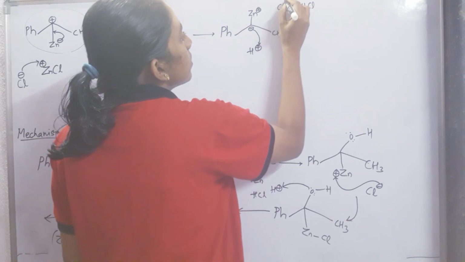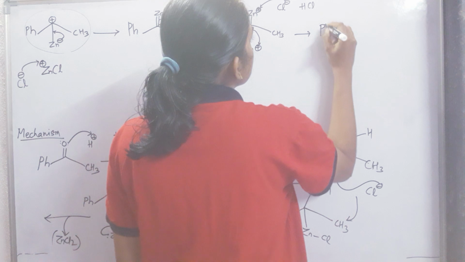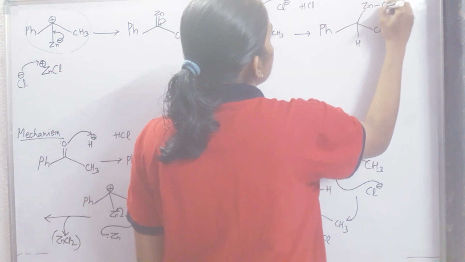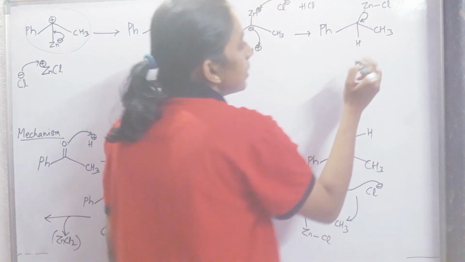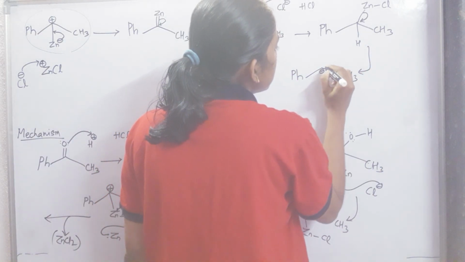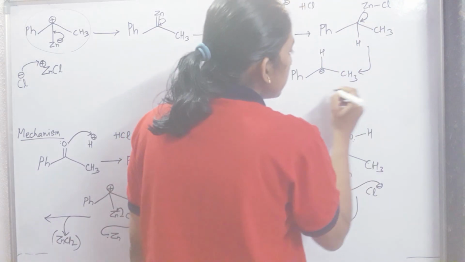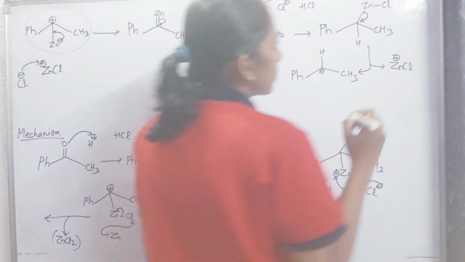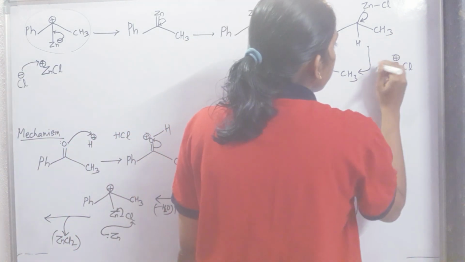Cl minus will form a bond with the Zn plus and will give us a compound like this, ZnCl. Now again this carbon will take the bond from zinc, and the carbon here will be getting a negative charge. This zinc will be eliminated as ZnCl plus.